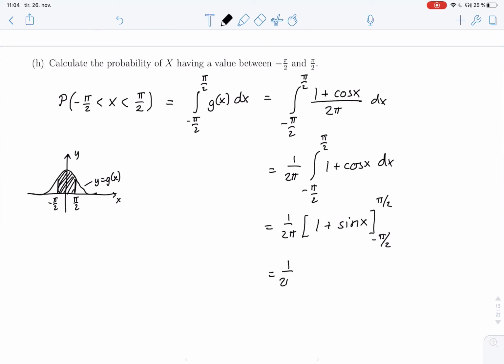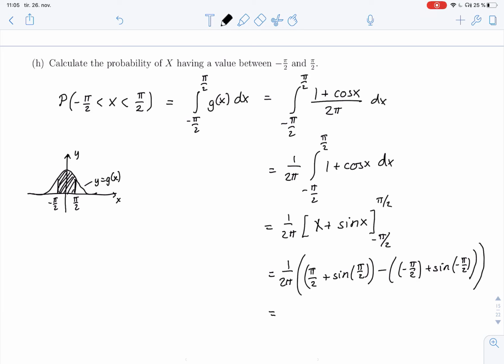And we insert the upper limit minus the lower limit. And please make sure you're not confused by all these signs.